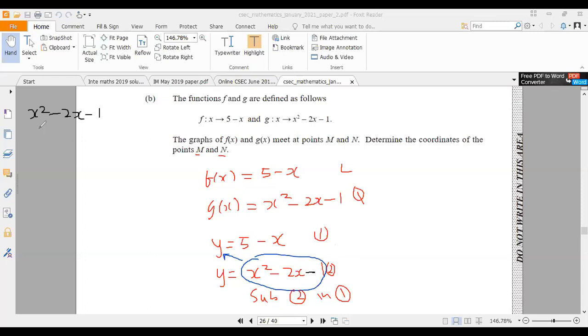Then you are going to equal all this one equal to 5 minus x. We work it out, we are going to get x squared minus 2x. I'm bringing everything equal to 0, plus x, y plus x. This x is negative, when it comes over it becomes positive.